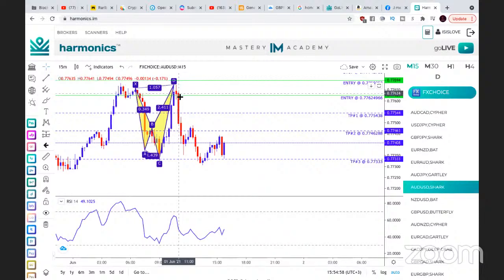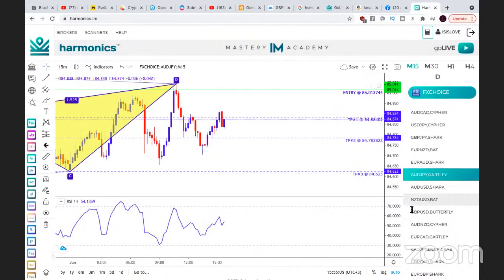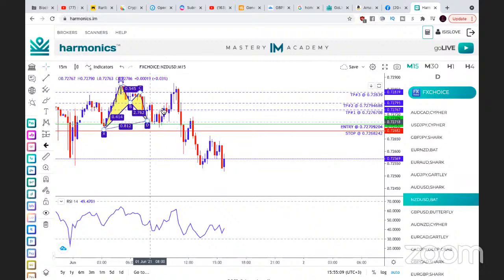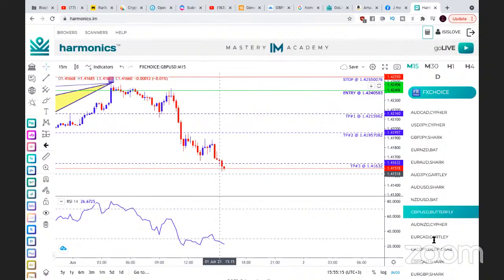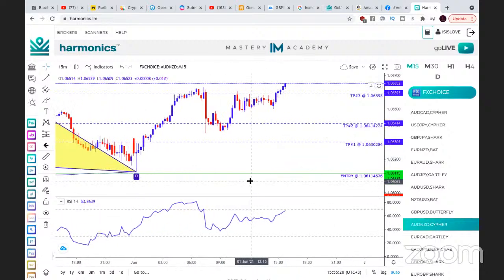Look, once again, TP1, smack, TP2, smack, TP3, smack. Once again, TP1, TP2, same thing. Look at this, it came up, TP1, 2, 3, smacked. So you can see with your own eyes how this thing busts.